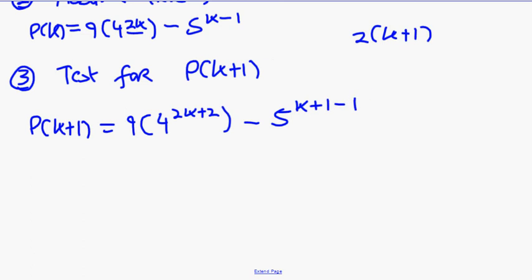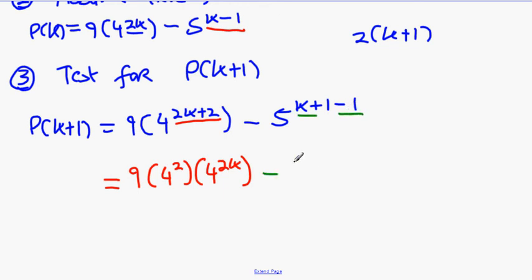Now, what we're going to do here is separate out, so it's going to be 9 multiplied by, now separate out 2k plus 2, you're going to get 4 squared and then 4 to the power of 2k. We also want to separate out k minus 1, so k minus 1 is here and here, so it's going to be minus 5 to the power 1 times 5 to the power k minus 1.